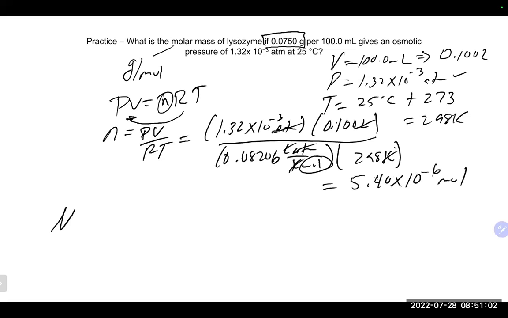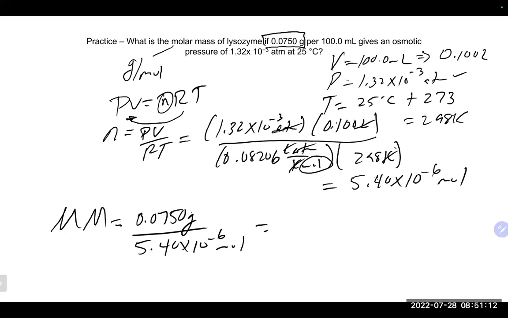So to our molar mass now, since our grams are already in grams, so that's good, 0.075 grams and 5.4 times 10 to minus 6 moles. Looks like it gets us 13.894 grams per mole. And maybe clean it up a little bit there. We'll call it 13.9, why not, grams per mole.